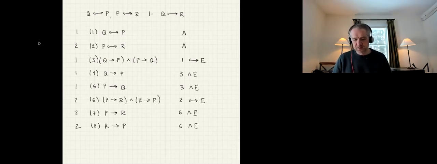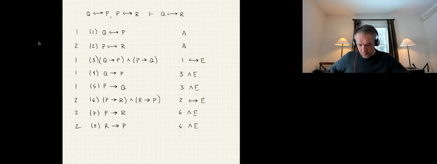Okay, so now on lines 4, 5, 7, 8, we have our 4 conditionals. And what we want to do is show that Q if and only if R. So we want to show if Q then R and if R then Q. If you look at those 4 sentences on 4, 5, 7, 8, you see that 4 and 7 together, using transitivity of the conditional, give you if Q then R. And you see that 8 and 5 together give you if R then Q. We already proved the transitivity of conditionals earlier in this lecture, so I'll just invoke that now.